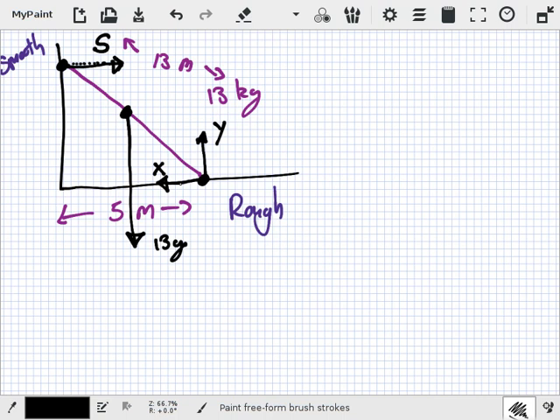Okay, you got that? So, yes or no? We have this drawn? Okay. So tell me, what forces are pointing up in this picture?